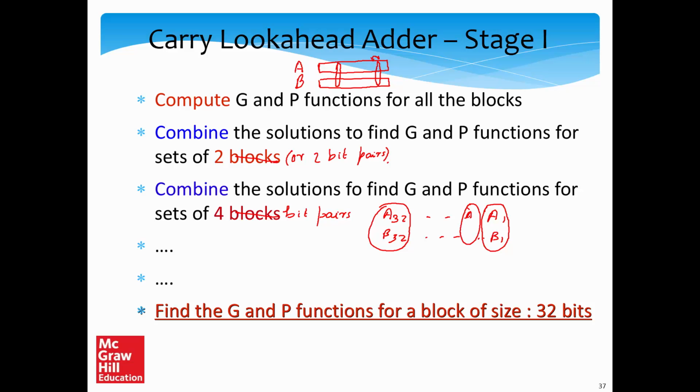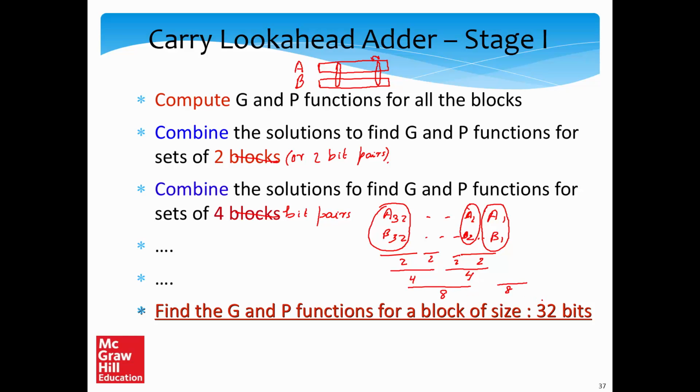Then we combine, for let's say A1, B1 and A2, B2, the solutions to get the solution for a 2-bit system. Then we take all the solutions for 2-bit blocks and we get solutions for 4-bit blocks, right? Solutions means GNP functions. Then we combine the solutions for 4-bit blocks and we get 8 bits.